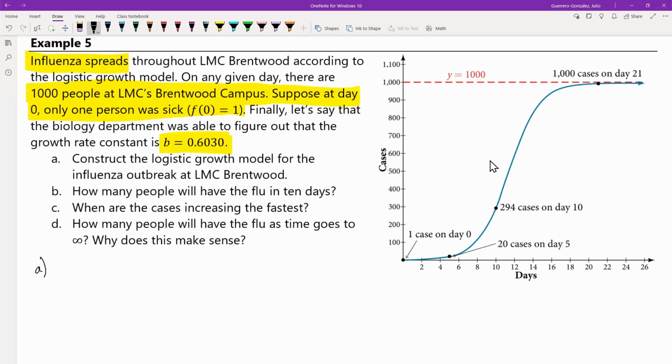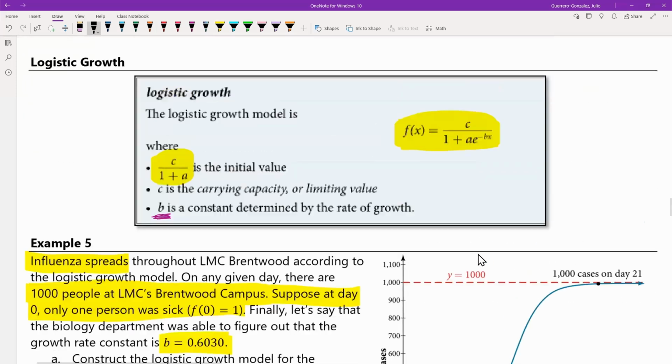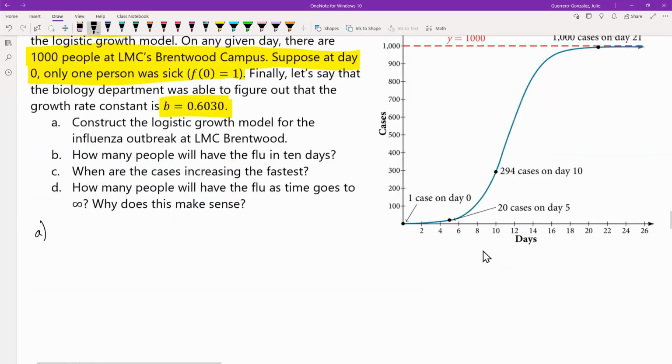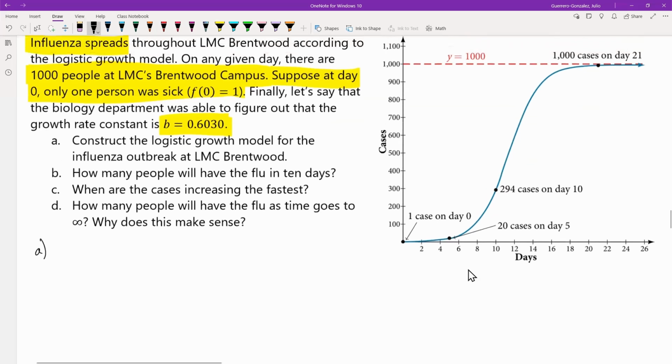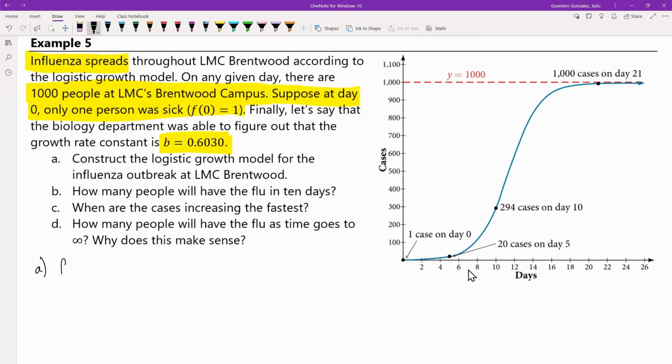Construct the equation. So we know that it's going to look like this thing up here. It's going to look like, let me move up a little bit, there we go, C divided by 1 plus A e to the negative Bx.